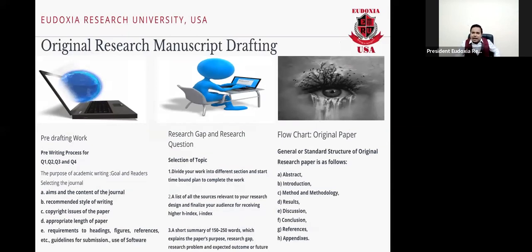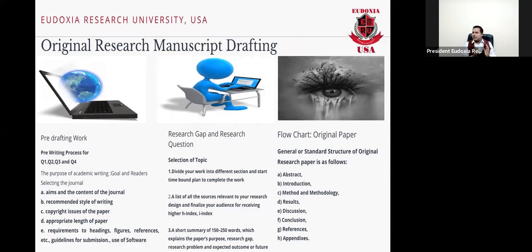Now I think one slide is appearing in front of you, and in the slide you can see that I'm sharing three sections. Original manuscript drafting, where the first part is pre-drafting work. Here I am sharing a laptop and a rotating globe.